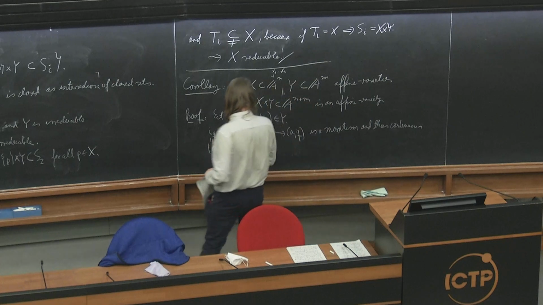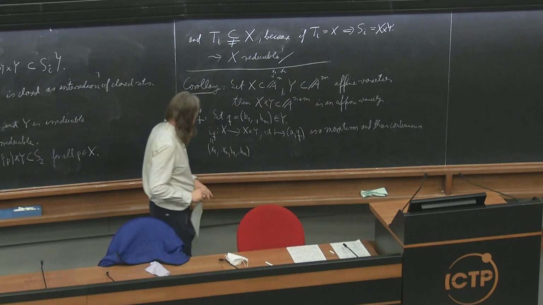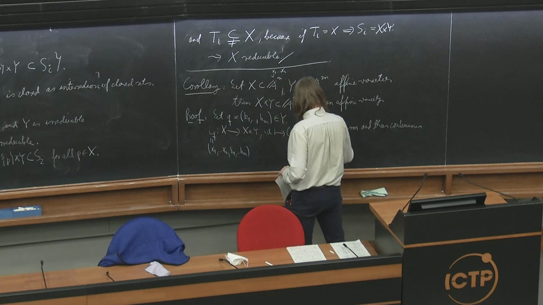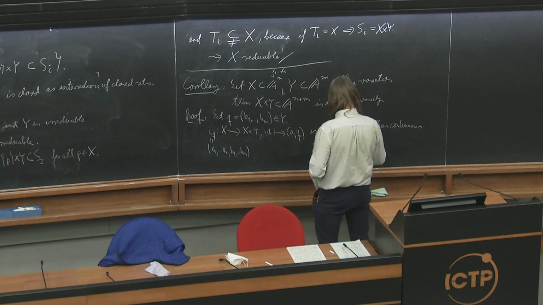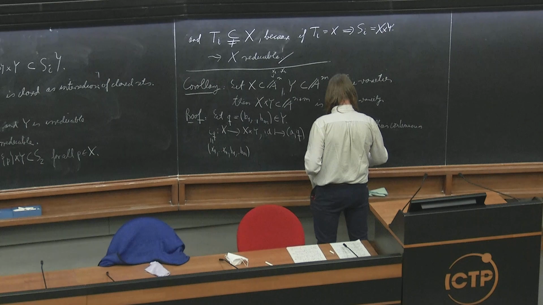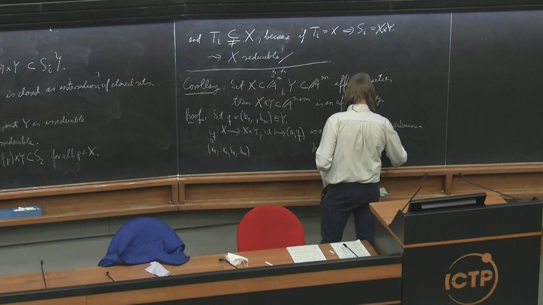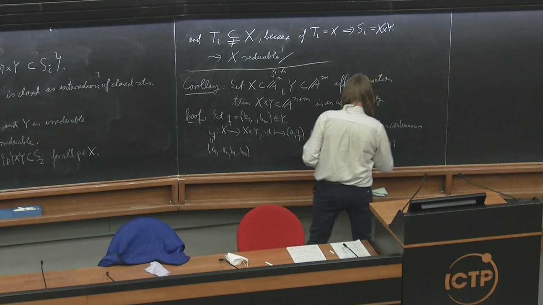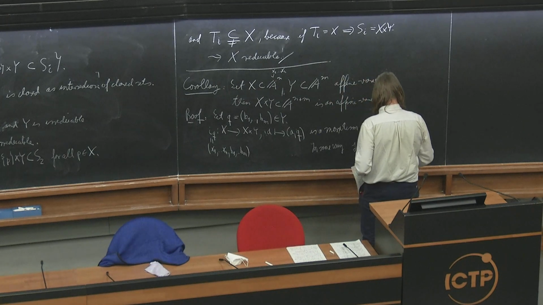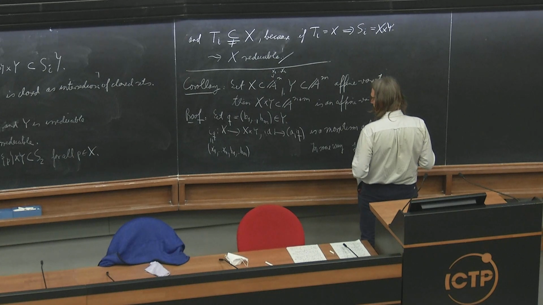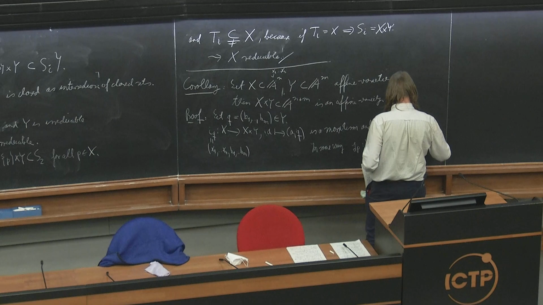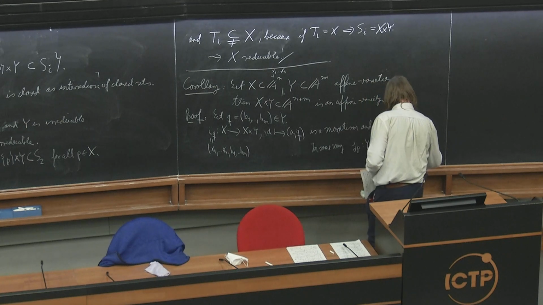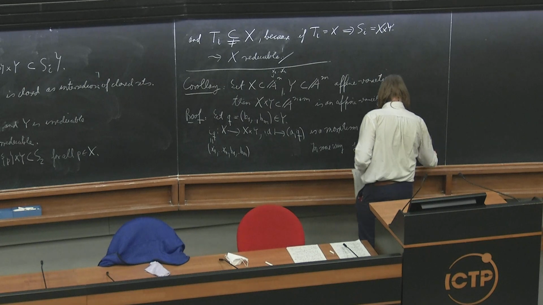And obviously I can do the same with the other inclusion of y. So in the same way, I have jp from y to x times y, which sends a point, say b, to p comma b, is a morphism, and therefore continuous.